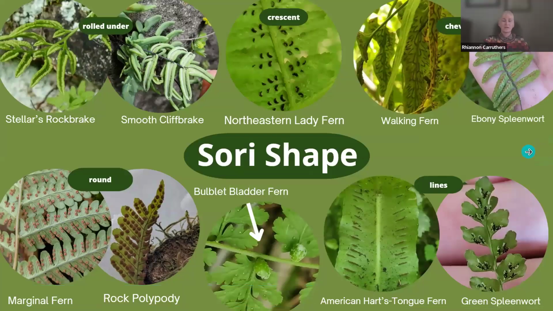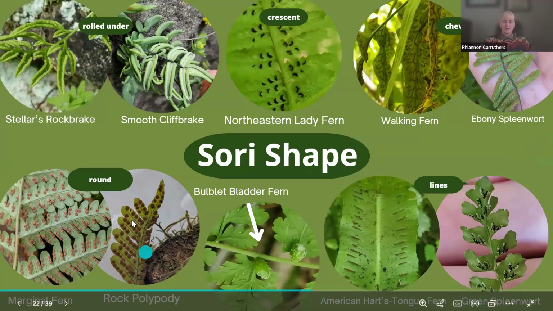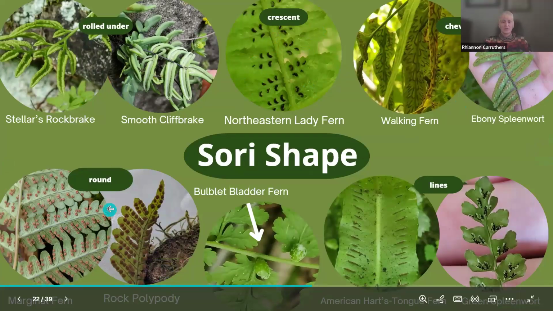Sori shape: if it doesn't have a fertile frond, it will have sori of some kind. We have different shapes of sori that can be really key factors when it comes to identification. The kidney shape on the lady ferns I find really stands out. Round is one of the more typical ones that you see, but they again come in all different shapes.